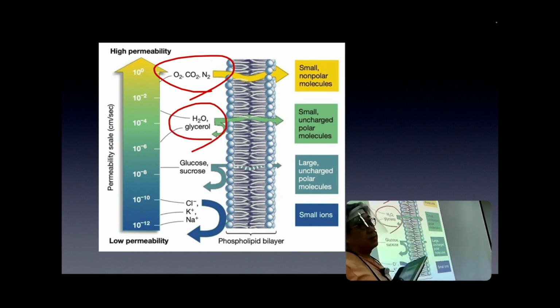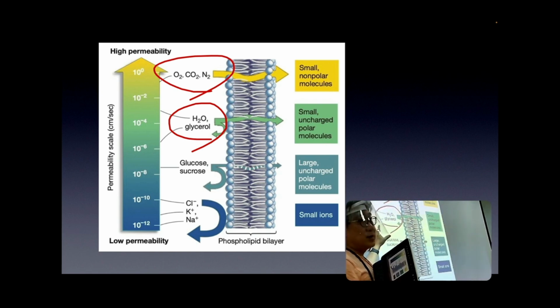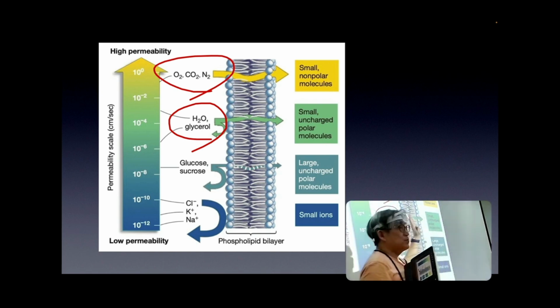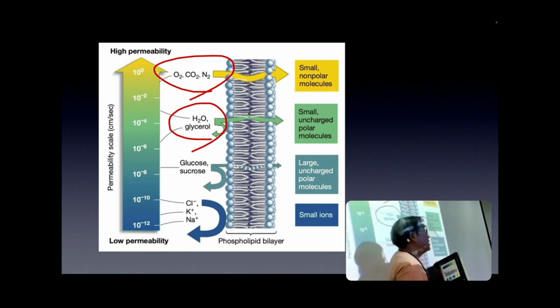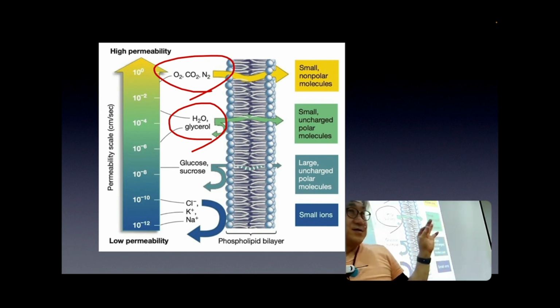The second tier of this degree of difficulty in passing through the cell membrane is water and glycerol, small, but still a little bit polar, but not too polar. Water is polar, yes. But we do have some tricks actually. I don't want to make it too complicated, but water itself, strictly speaking, if we don't have anything else, will still have tremendous difficulty passing through this lipid-based barrier because water is polar enough.